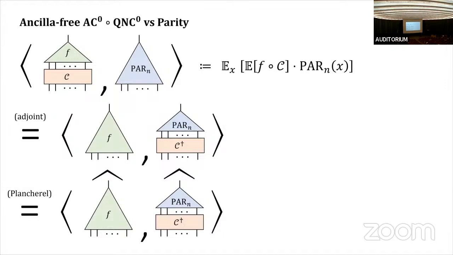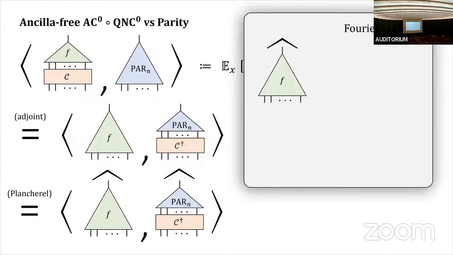And again, this is the same inner product. Now we can start thinking about how to estimate this quantity. So we know F is an AC0 circuit. And again, this gem of classical computer science says that the Fourier spectrum of any such function decays really aggressively as we move higher up in the size of the Fourier coefficient.